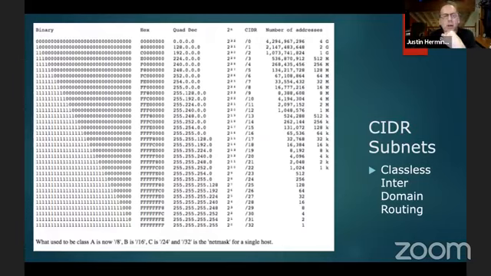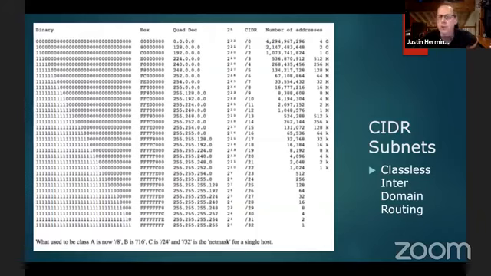Like what Bodie was saying, the standard 255.255.255.0 used in a 192.168.0 network would go from 1 to 254, but CIDR takes the limits off, so I can make that 255.255.254.0, and now it'll go from 192.168.0.1 to 192.168.1.254. So you can make those ranges as big or as small as you want.